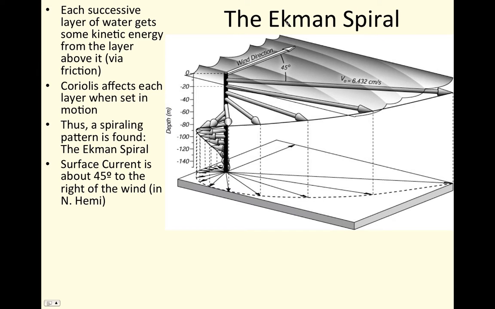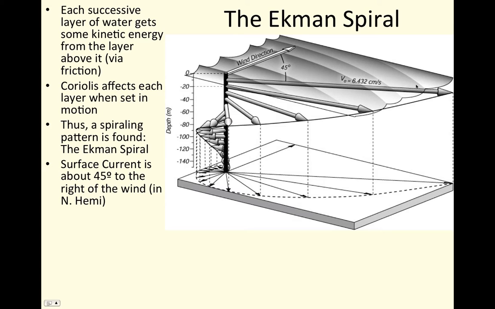Here's what's shown as the Ekman spiral. As wind blows across the surface of the water, by wind stress, it forces the first layer of water into motion. Coriolis will turn that water to the right in the northern hemisphere at about a 45-degree angle, but it varies a little bit.